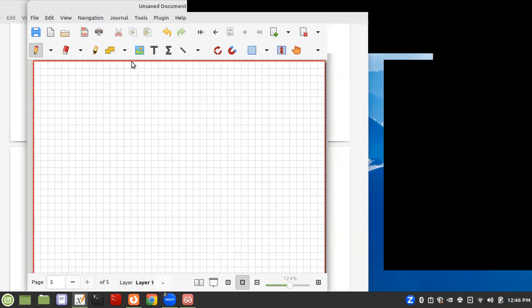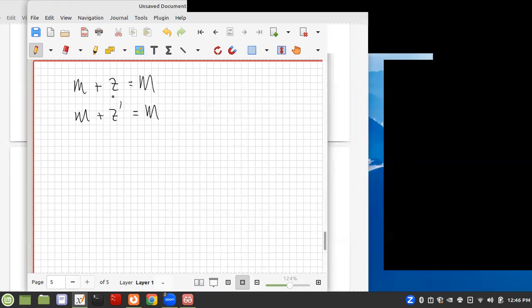For example, let's say you have this idea that M plus Z equals M, right? That's a zero matrix. Well, what if there was another one, M plus Z prime equals M, another one that wasn't all zeros that did the same thing? Maybe we can't think of one, but let's say there was one somehow, some magical way. Since this is supposed to apply to all matrices, we can ask what happens if we apply this to Z prime?